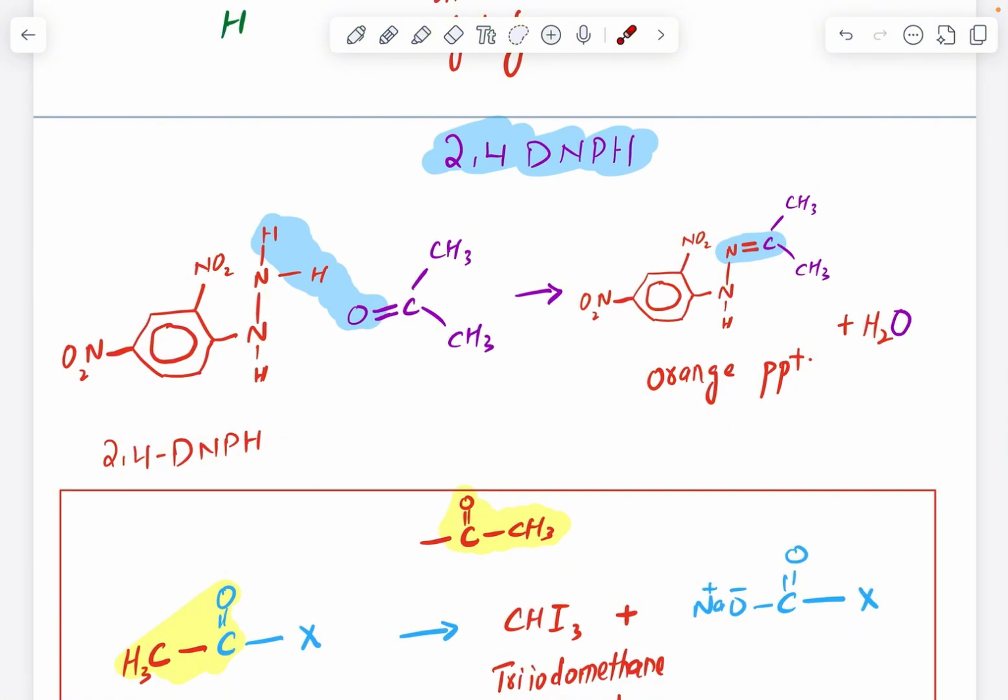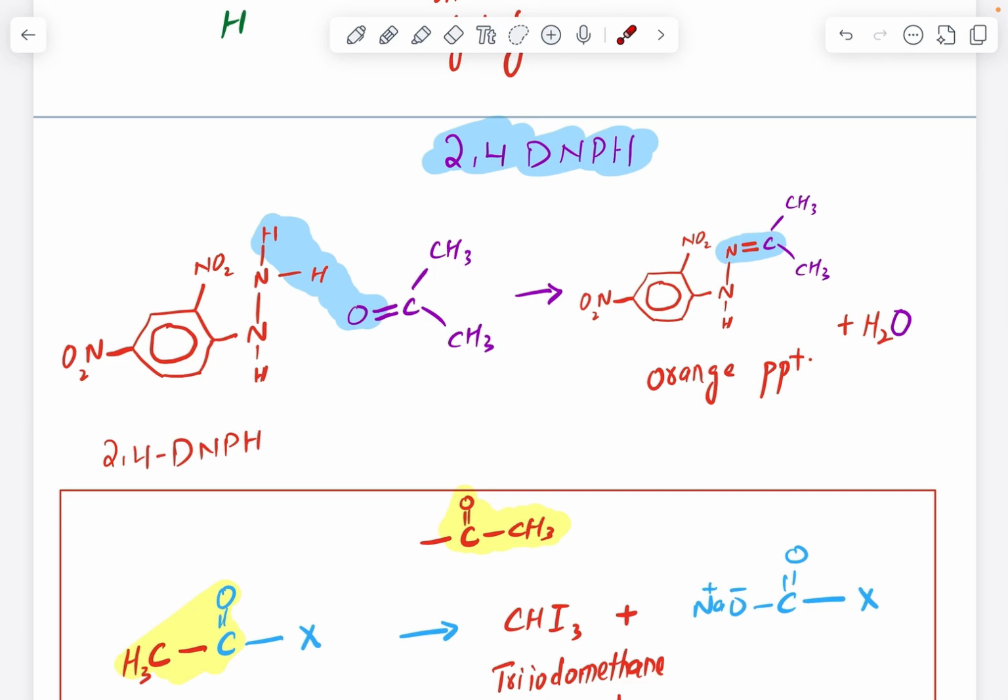The most important condensation reaction of the carbonyl compound is that with 2,4-DNPH. You can see that this is the 2,4-DNPH. This can react with the carbonyl, so it means that it can react with the aldehyde or ketones. I'm not explaining the mechanism.